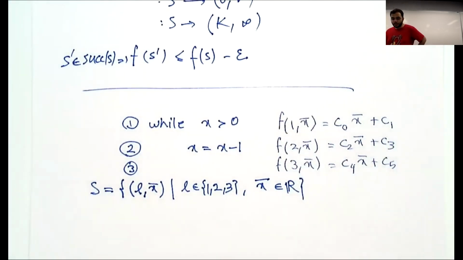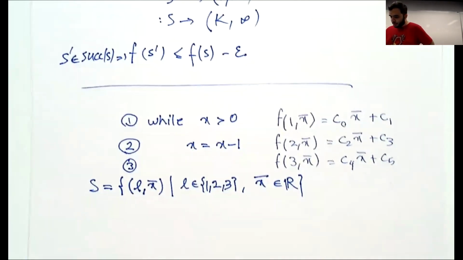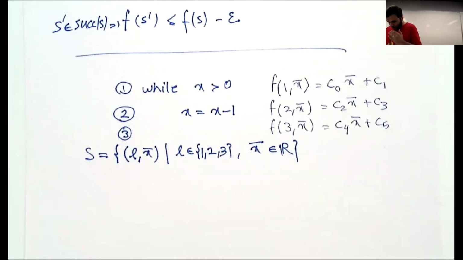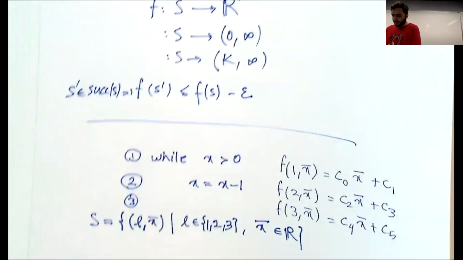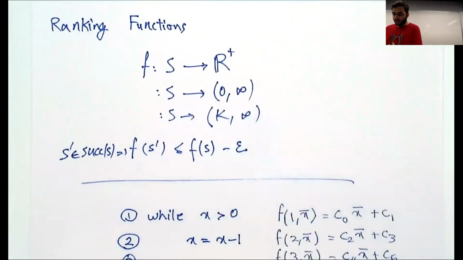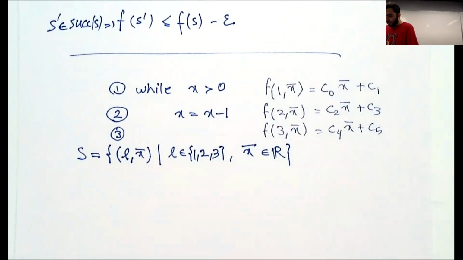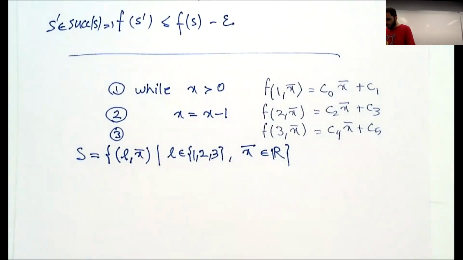So what do I want to do? I want to find values for C0, C1 to C5, such that this whole thing becomes a ranking function. But let's actually write the conditions of a ranking function. Our first condition is that the values should be greater than or equal to 0.